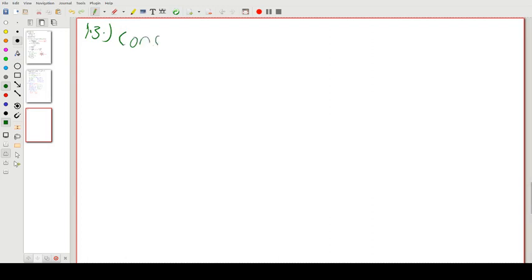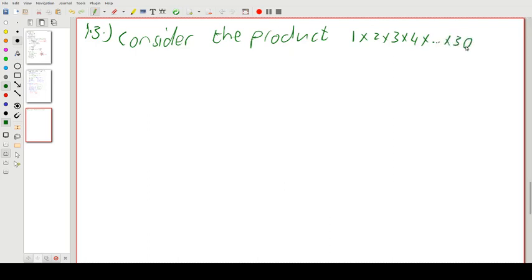Consider, so this might take a little while, consider the product 1 times 2 times 3 times 4 times all the way up to times 30.